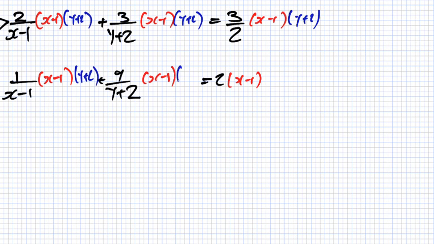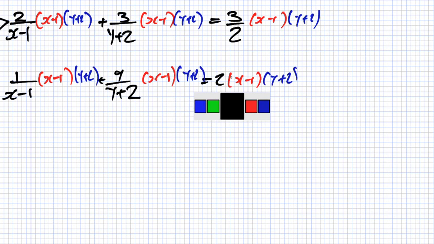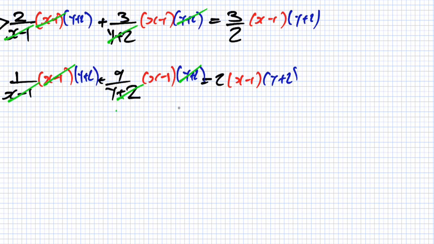And the reason for that is we'll get rid of the fractions, because here x minus 1 cancels, y plus 2 cancels, nothing cancels here. X minus 1 cancels, y plus 2 cancels there. Okay, so let me see now.